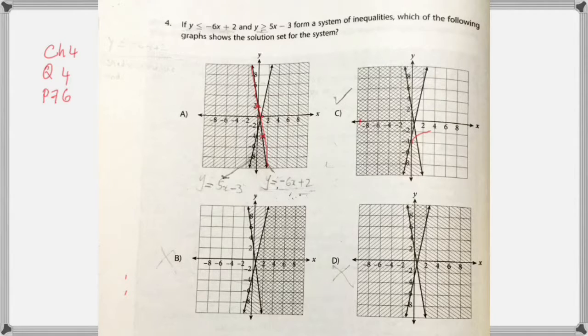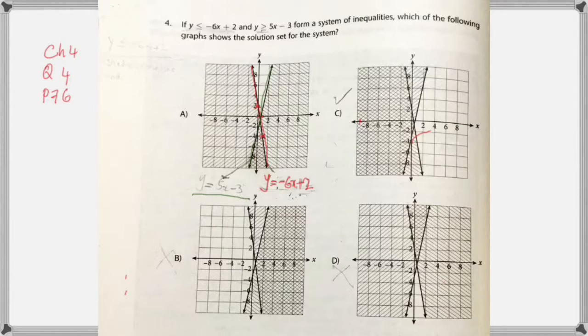Now, if you look at these diagrams, you know that we have to shade the area below this line, and this line is y equals negative 6x plus 2, and this other line is y equals 5x minus 3.